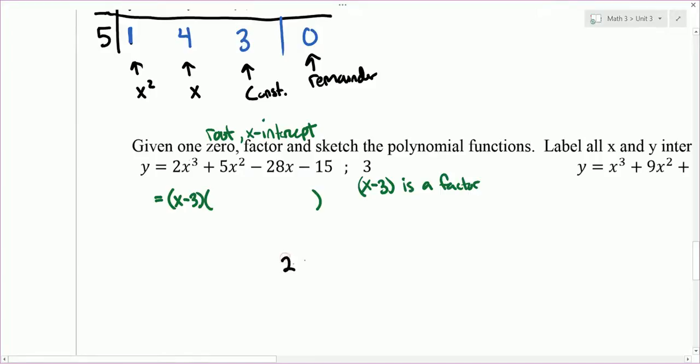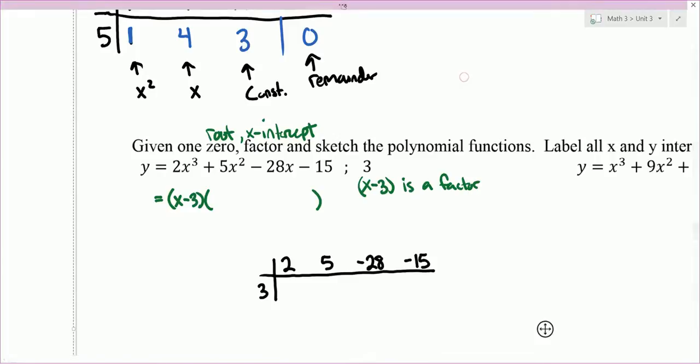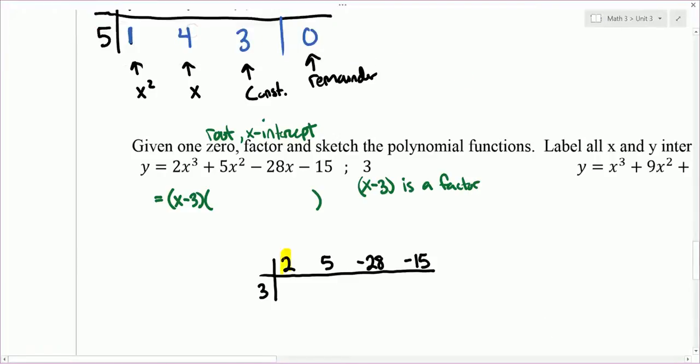We have 2x to the third, 5x squared, -28x, -15. Those are the coefficients. x minus 3 is what we want to divide it by, but we're going to use the x-intercept, which is 3. And in the process, bring down the 2.